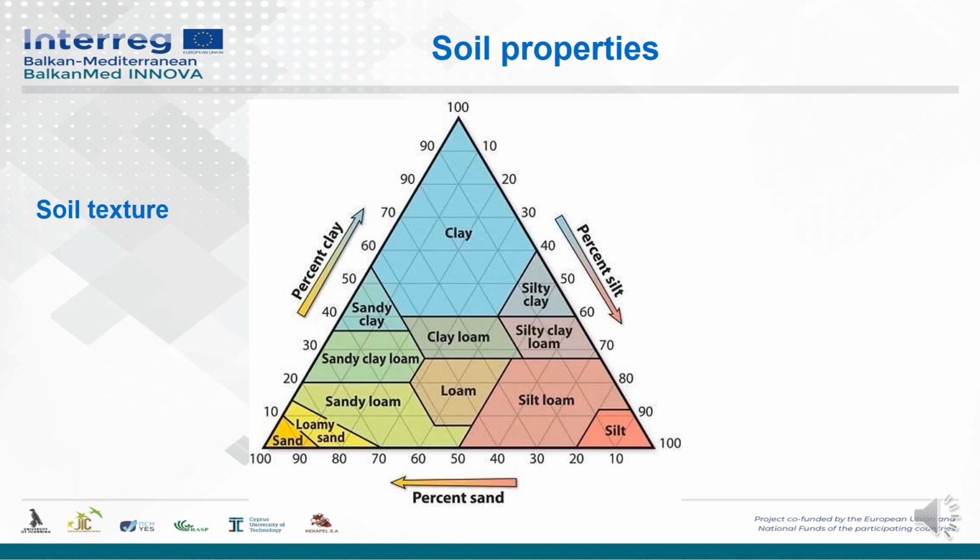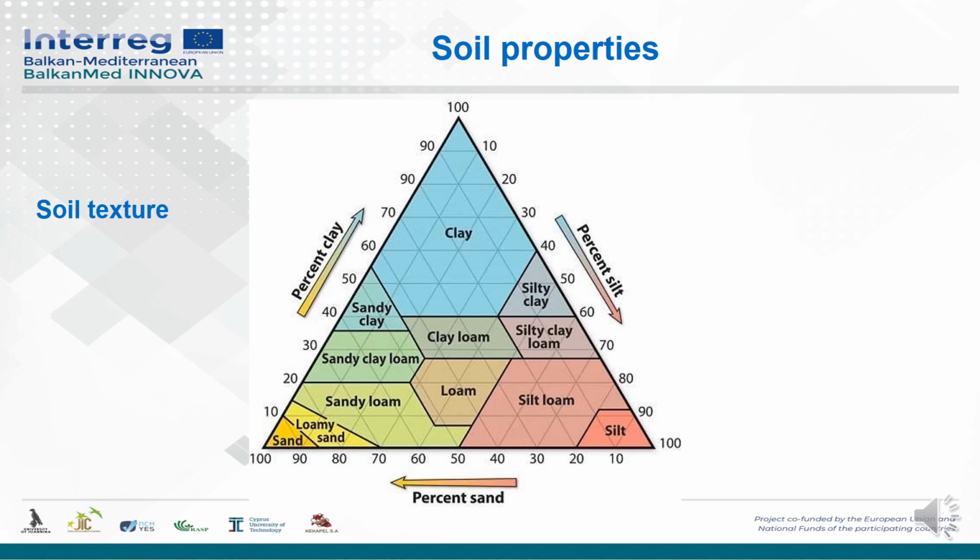And then the percentage of sand will be 20, so we find the number 20 in the sand vertex and go parallel to the vertex of silt. So where they meet together, 50 from clay, 30 from silt, and 20 from sand, we have the texture of the soil. And in fact, in this case, we have a clay soil.